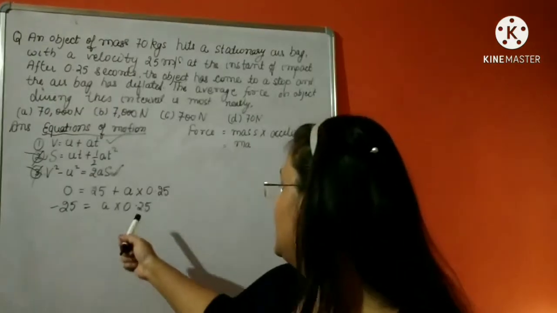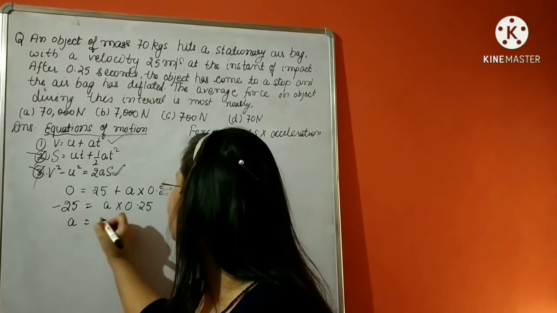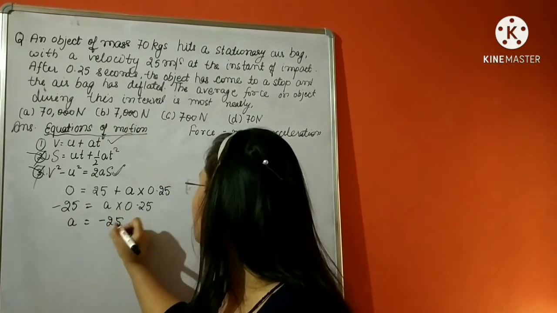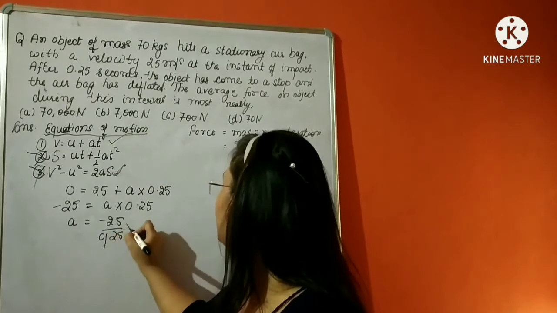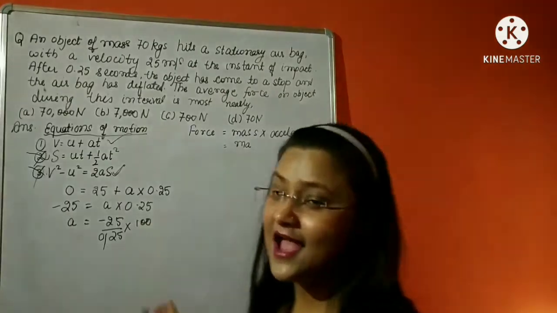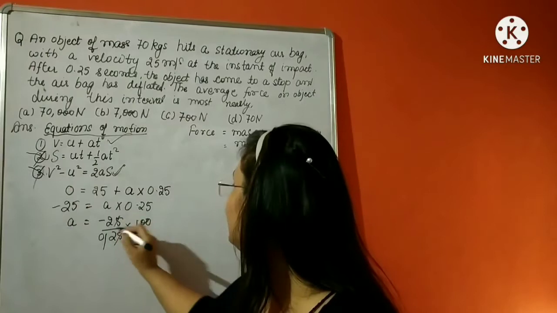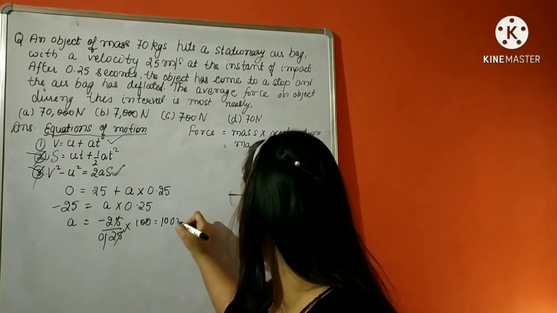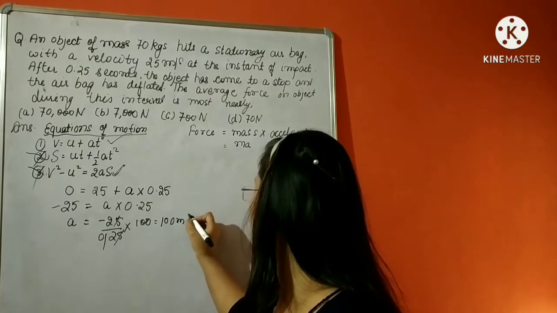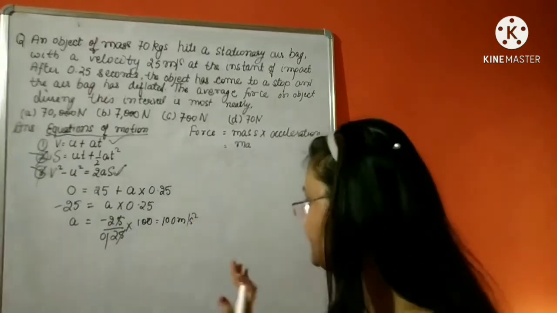Right? So now the acceleration will be minus 25 divided by 0.25. Now we remove the decimal point and the final answer will be 100. So the acceleration is 100 meters per second squared.